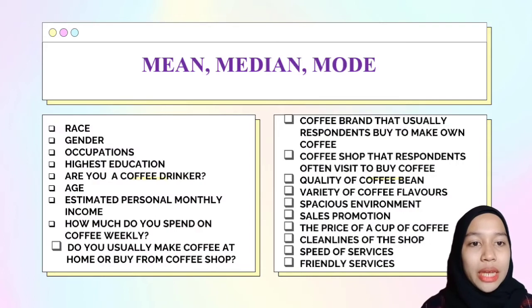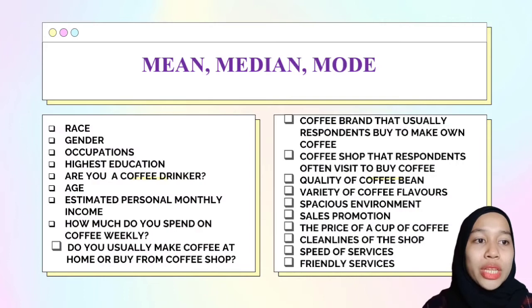Spacious environment, mean 3.696, median 46. Mode, the response of teenagers and adults in Malaysia who rate 3 with the greatest frequency, which is 52. Sales promotion, mean 3.929, median 47.